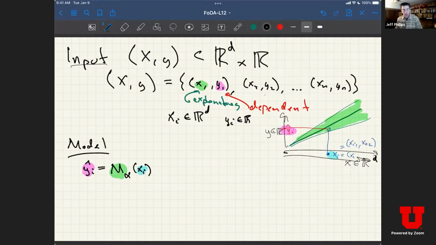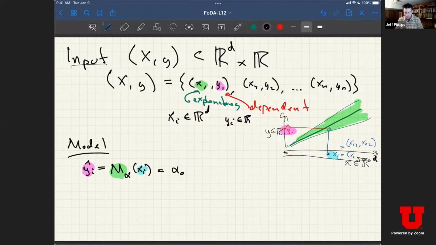Okay, before, when we were dealing with the one-dimensional case, the representative of the function was a line. Now we need to extend this to the multi-dimensional case, and we're going to write this in terms of these parameters, alpha. If I just write alpha, it's actually going to be a vector.